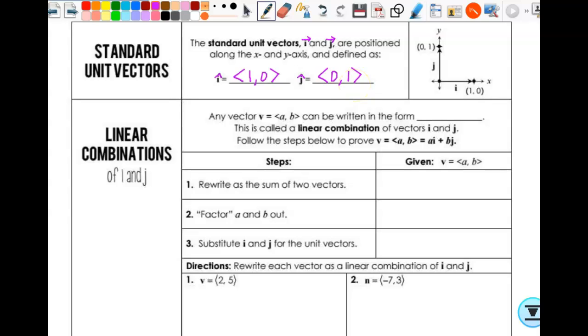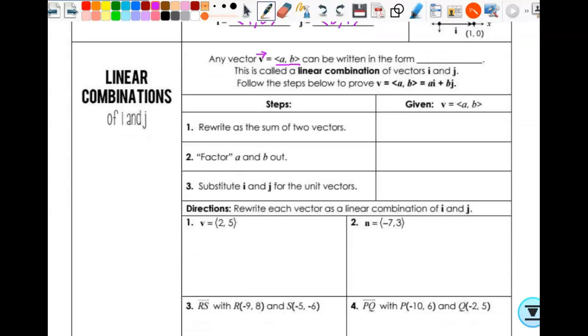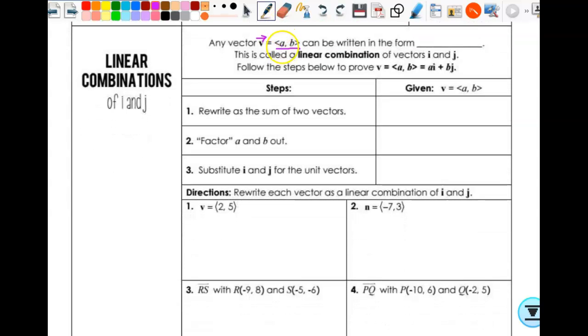Okay. So it says any vector v that is written as <a, b>, right? So this is component form. This right here, it's what we did yesterday. That is called component form. It's important that you know the different names so that when you're asked to put it in a certain form, you know which one it's asking you for. So this one's called component form because you have an x component and a y component, right?